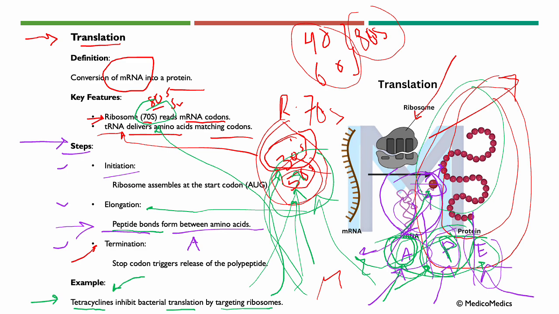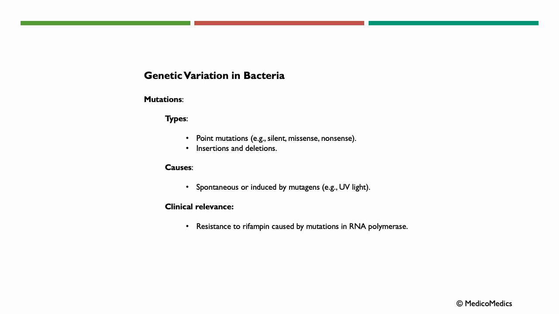Excellent. Let's keep going. Now, it's also important to mention genetic variation in bacteria. So we can have mutations, and we have different types of mutations. For example, point mutations, like silent, missense, or nonsense. Here, a single nucleotide change in the DNA sequence leads to different effects.